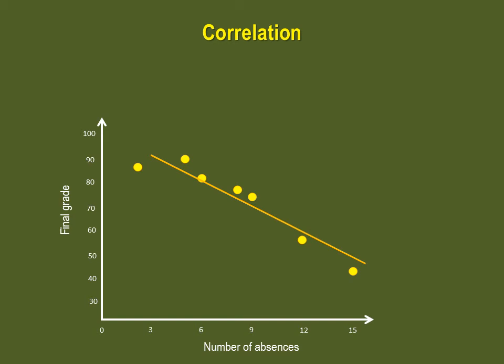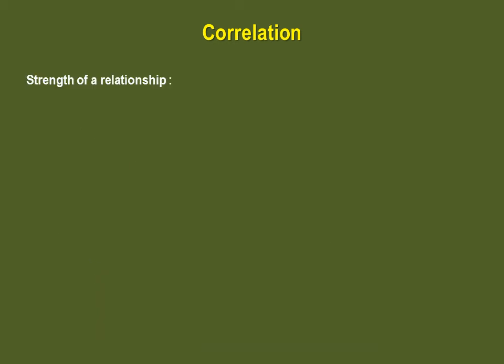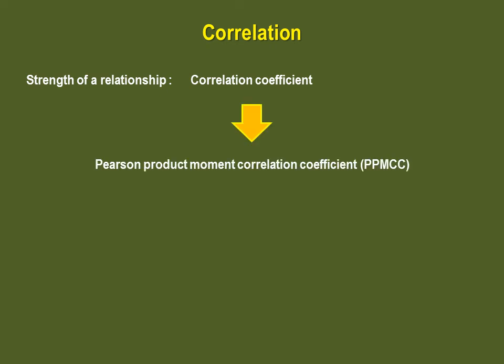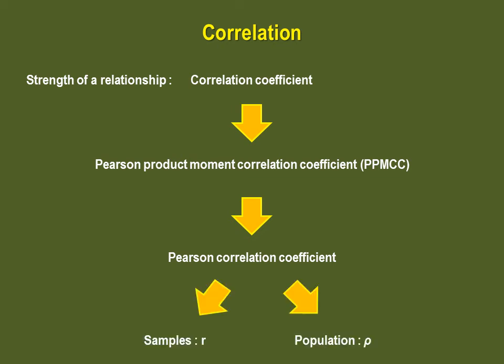Now let's see what else we can get from this set of values. The strength of the relationship is quantified using a correlation coefficient. Although there are a lot of different coefficients to choose from, we will use the Pearson Product Moment Correlation Coefficient, or PPMCC, or if you prefer, the Pearson Correlation Coefficient. This guy is symbolized using the letter r when dealing with samples, and with the Greek letter rho when dealing with population values.